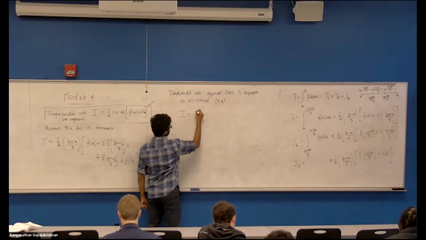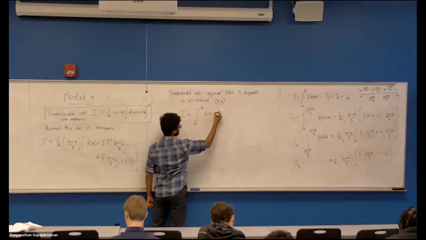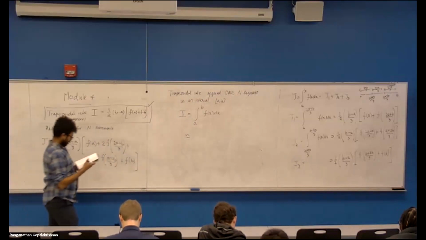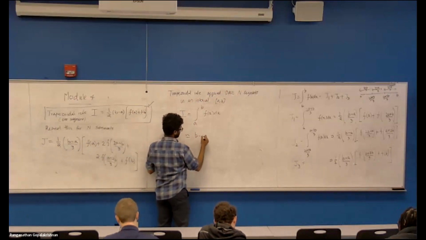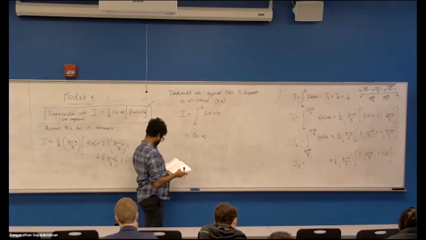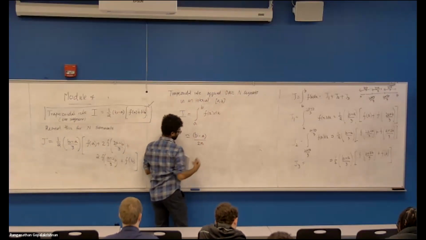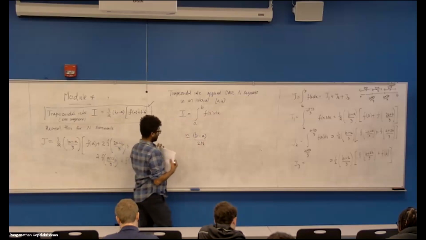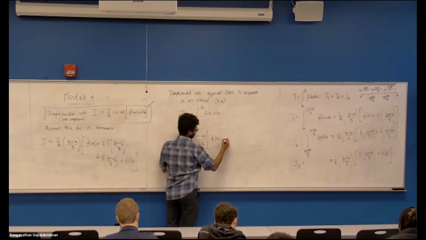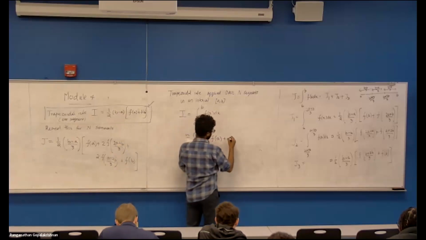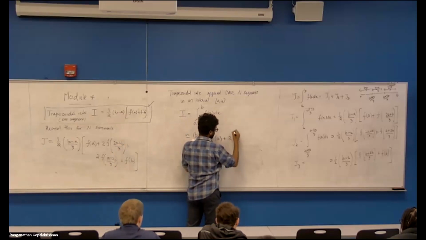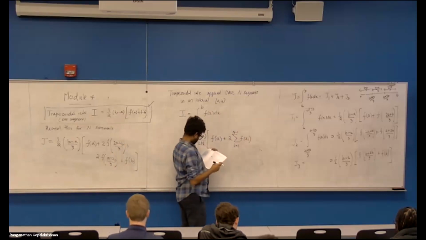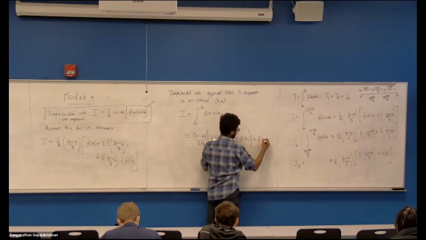Your goal is still to calculate the integral from a to b of f of x dx, and that is approximated by (b minus a), the total width of the interval, divided by 2n, where n is the number of segments, multiplied by f of a plus 2 times the sum from i equal to 1 to n minus 1 of f of xi, plus f of b.